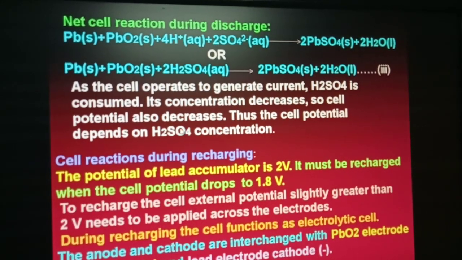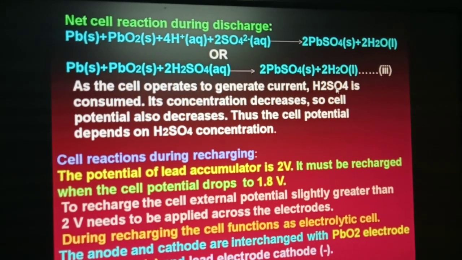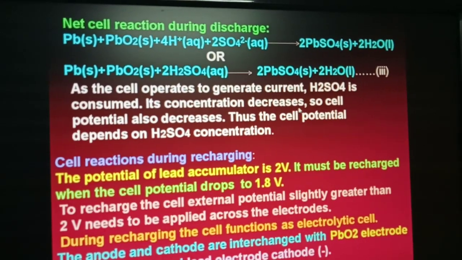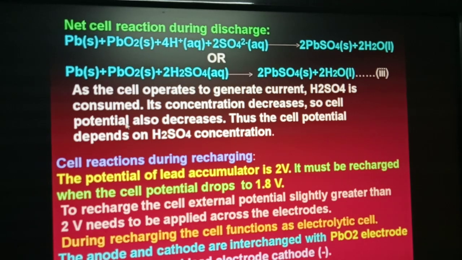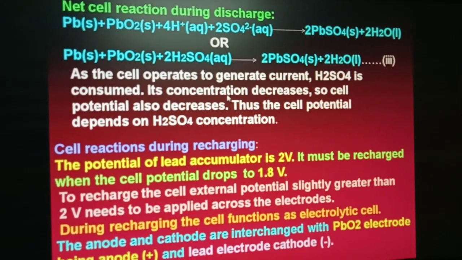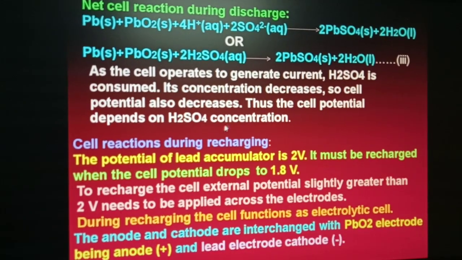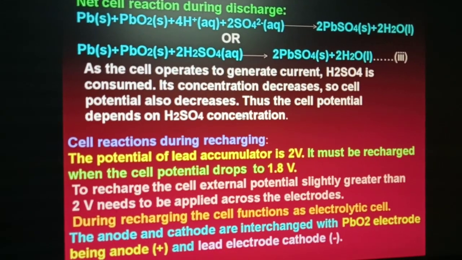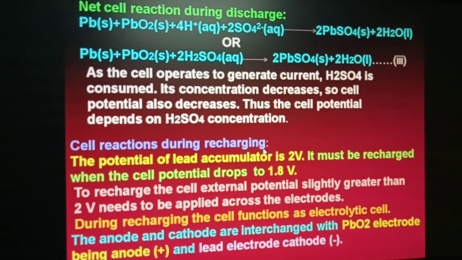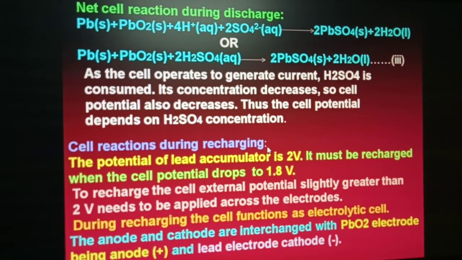As the cell operates to generate current, H2SO4 is consumed, so its concentration goes on decreasing and the cell potential also decreases. That means the cell potential depends upon the concentration of sulfuric acid taken. Now let us see the cell reactions during recharging.